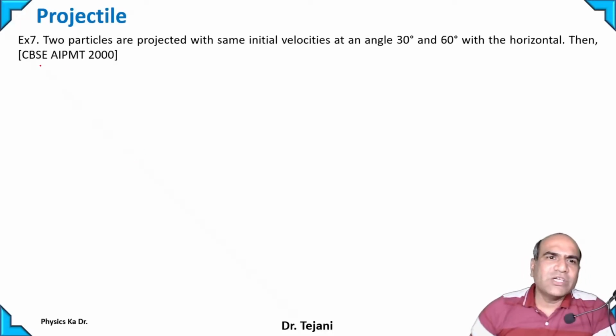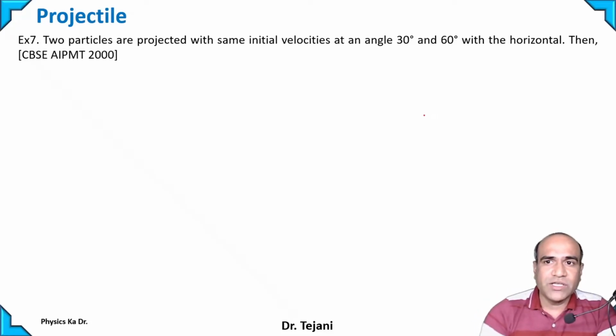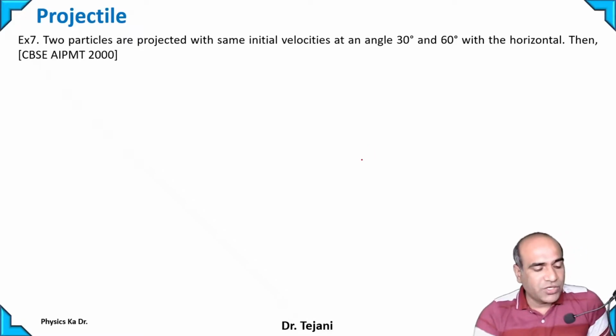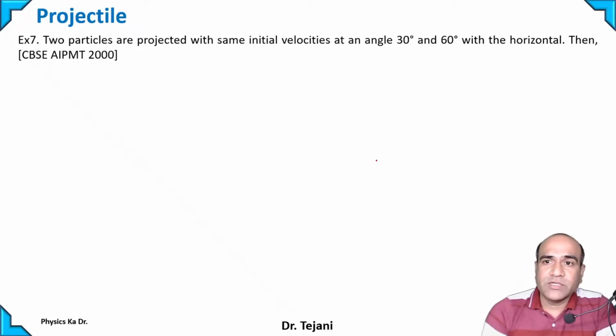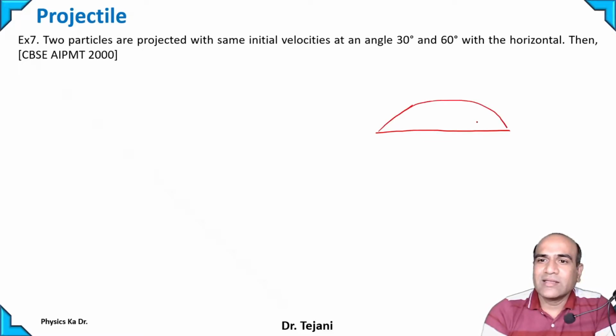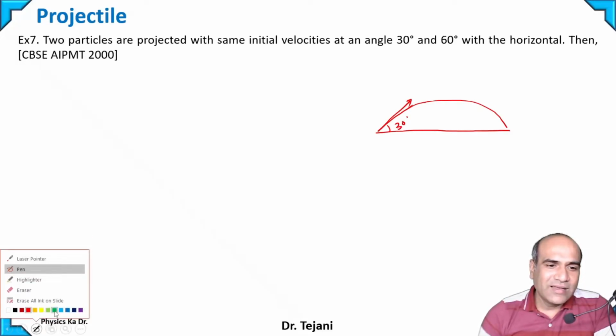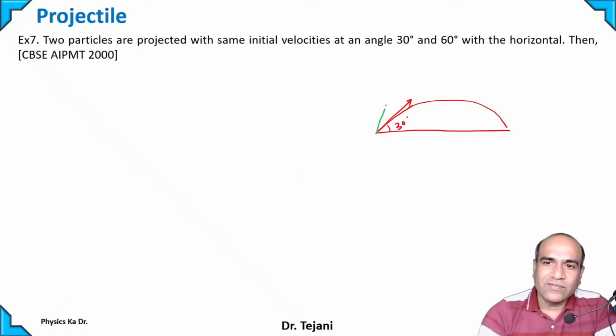Example number 7. Two projectiles are projected with the same initial velocities at angles of 30 degree and 60 degree with the horizontal. One is projected at 30 degree, and another is projected at 60 degree.